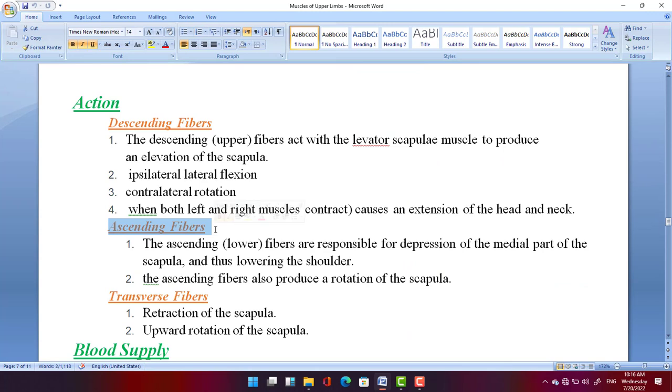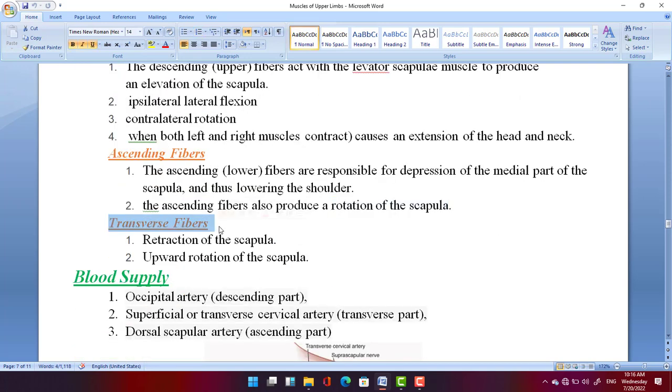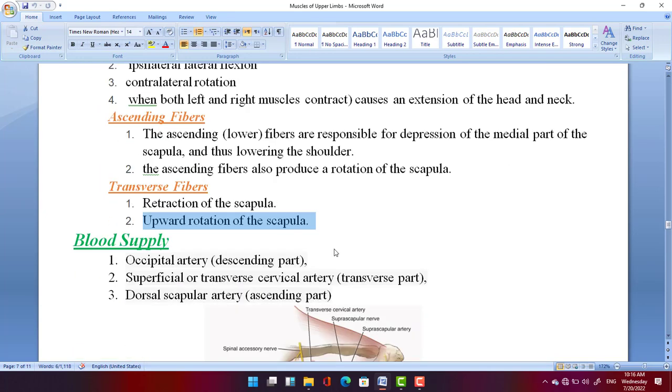Now what are the actions of the ascending fibers? The ascending or lower fibers are responsible for depression of the medial part of the scapula, and thus lowering the shoulder. So when they contract, your shoulders go down. The descending fibers also produce rotation of the scapula. And what about the transverse fibers? Retraction of the scapula and upward rotation of the scapula.